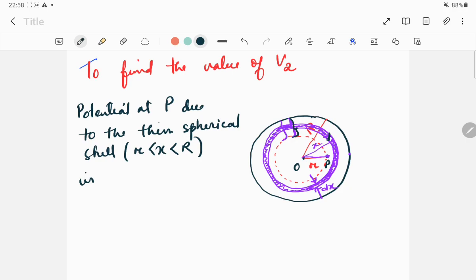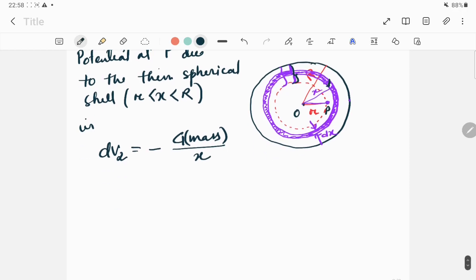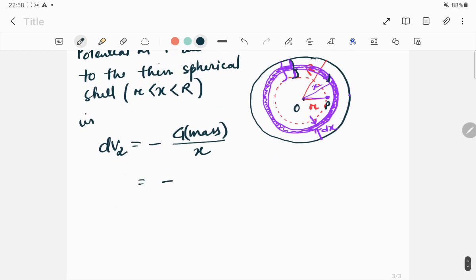The simplest way to proceed is to say dV2 is equal to, again the same thing, minus G mass by, this term is how much? x. So minus G mass by x.